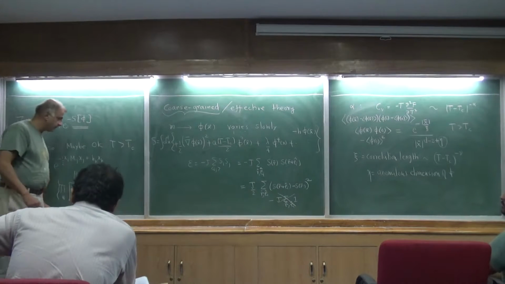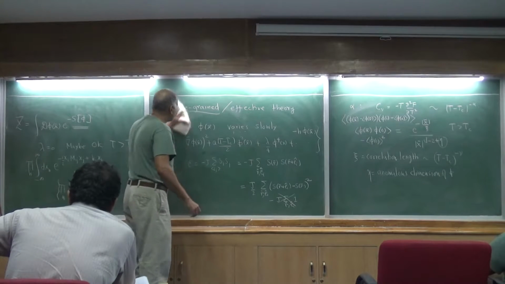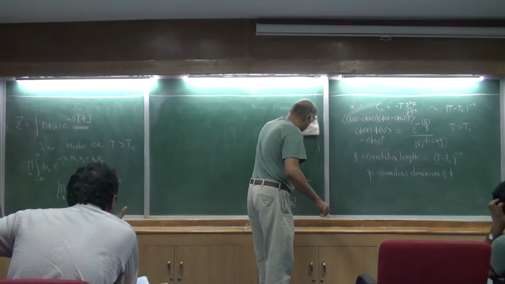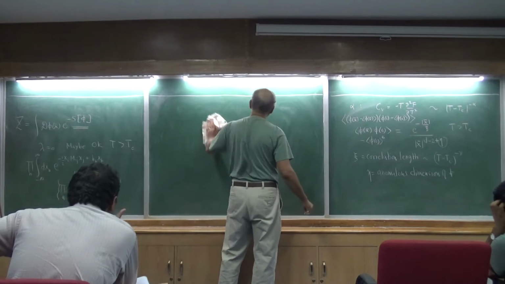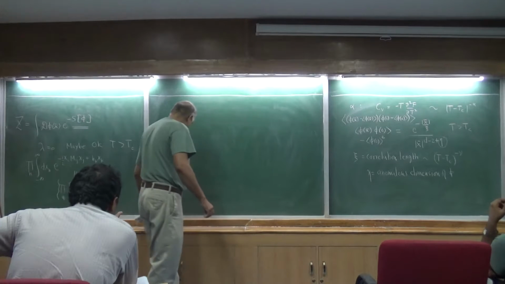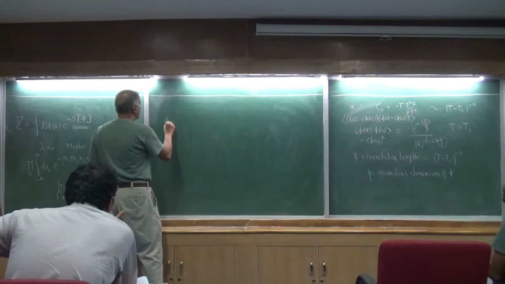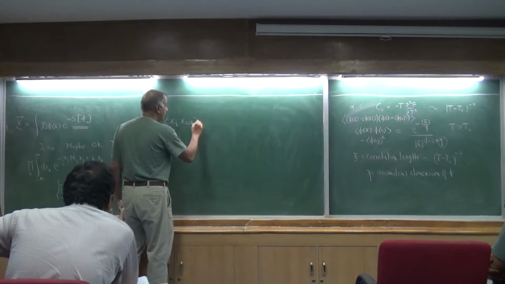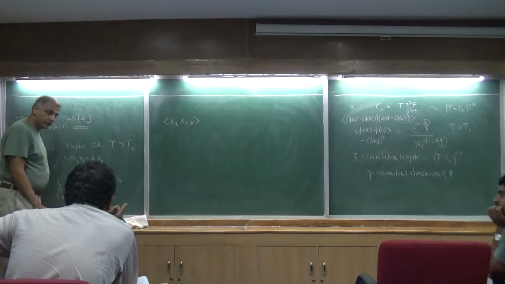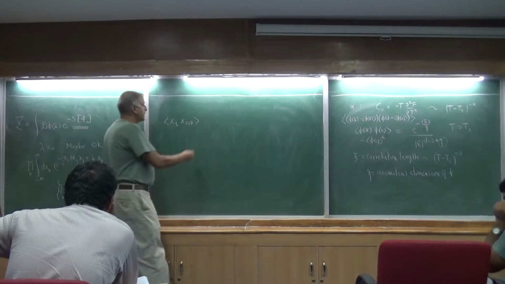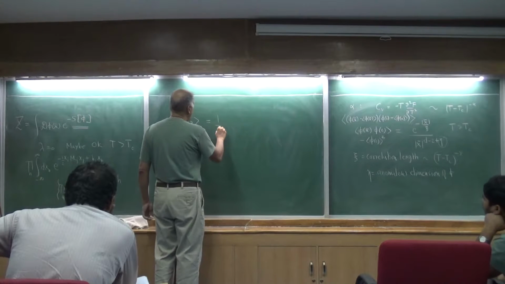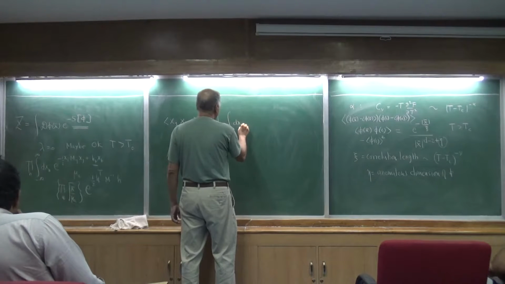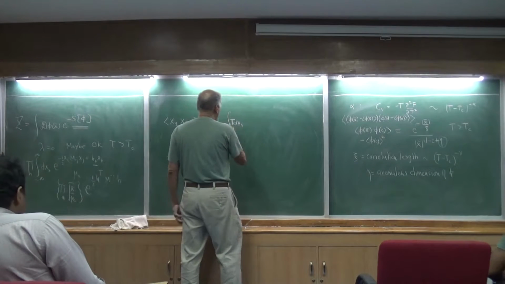Okay? For example, suppose I want the correlation function of, let's say, x_1, x_217, right? In this particular action. How do I get that? So I say this is going to look like 1 over g times the integral of the product of all these dx_n's, right?